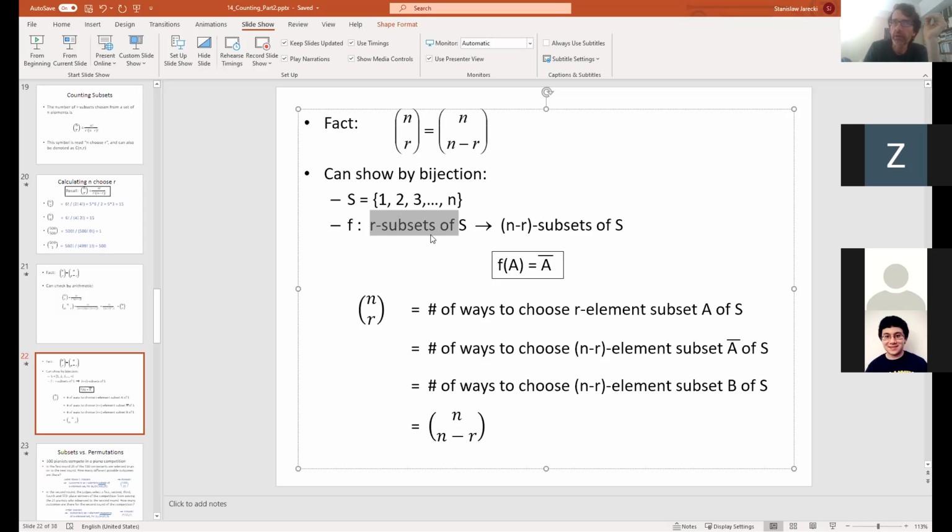And n choose R is a way of choosing those, so therefore that must also be a way of choosing these, and the formula checks out. In other words, from this it follows that these two must be equal without resorting to arithmetic and seeing what these formulas resolve into.